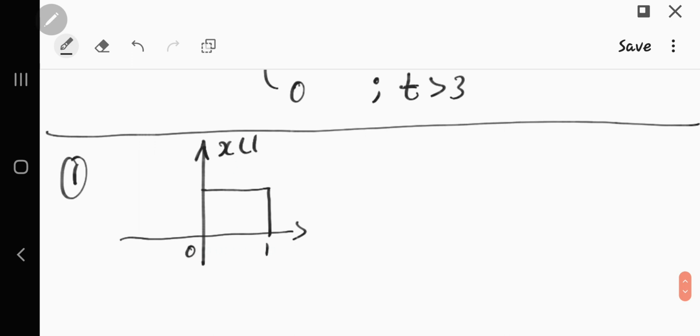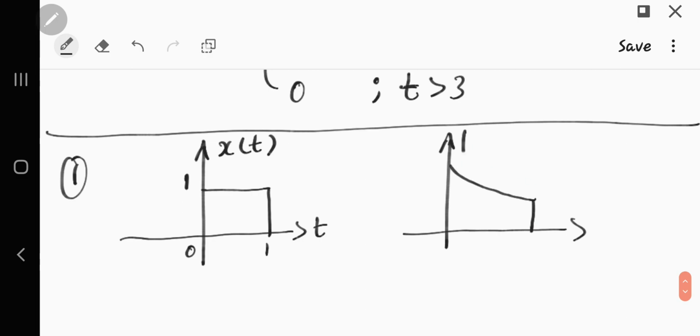This is the x of t with amplitude 1 here. Now this is h of t. For this h of t, I am giving an exponential signal, and the value of this signal is from 0 to 1 itself. Amplitude is 4 into e power minus t. So try this one, apply the same steps and try to get the result.